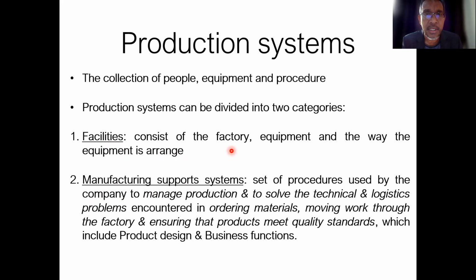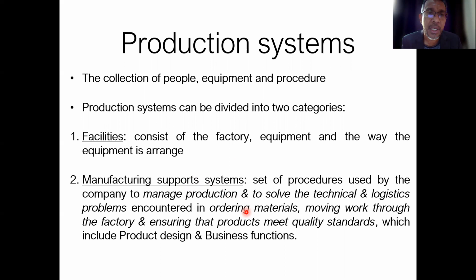Those are under the manufacturing support system, which we use to manage the production, to solve the technical and logistic problems encountered in moving material through the factory, and to ensure that the product meets quality standards, which includes product design and business functions.